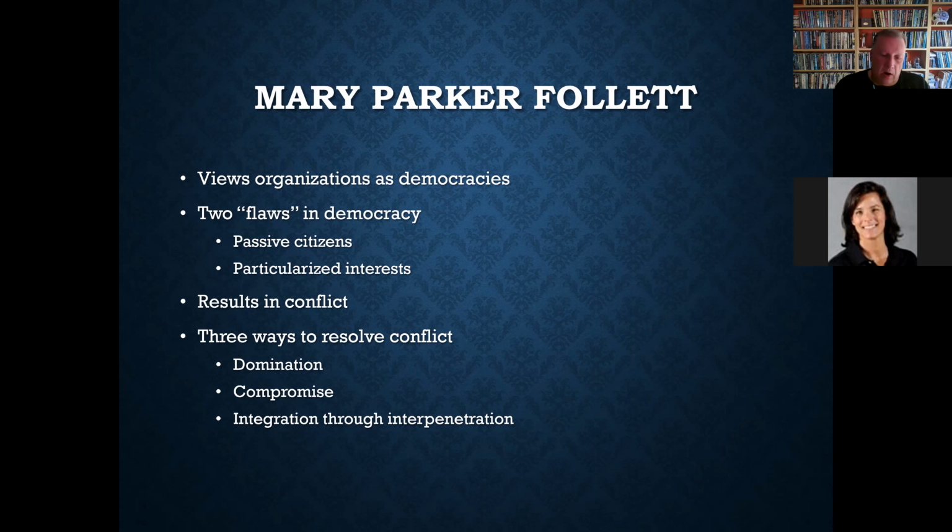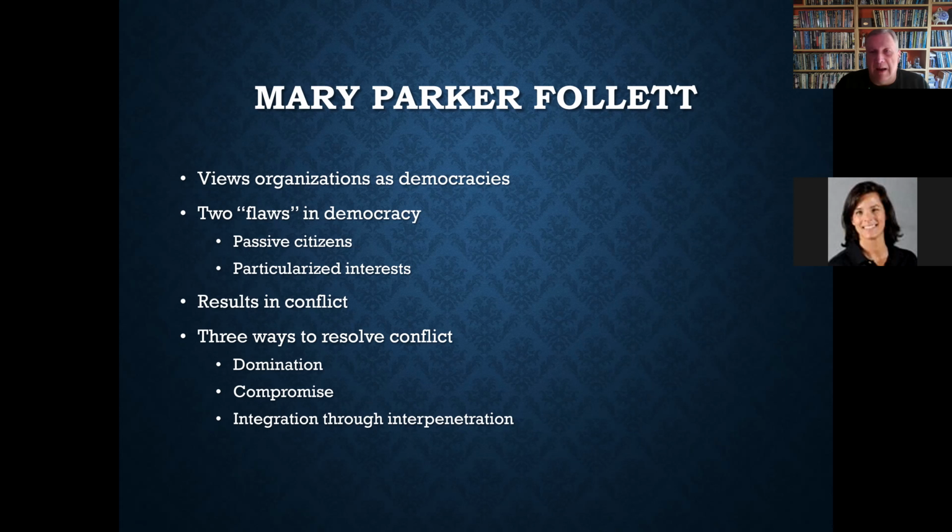That if we can get all these different groups and individuals together to talk about what they believe and to talk about their opinions and their perspectives, as they discuss this, as they have this discourse, some of the opinions of one person will then interpenetrate into someone else and vice versa. And it then creates an understanding that will allow us to come up with a new solution. And that new solution is what she calls integration.